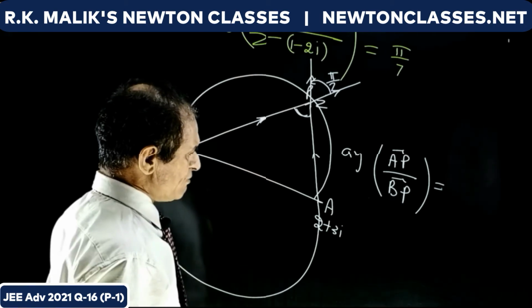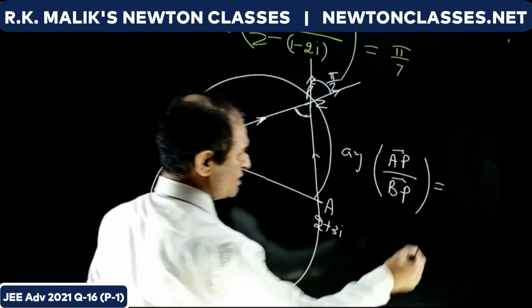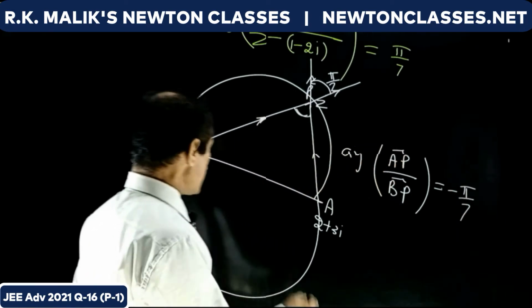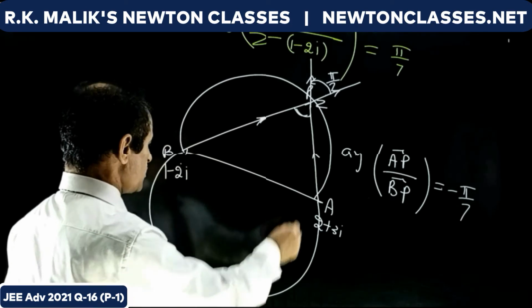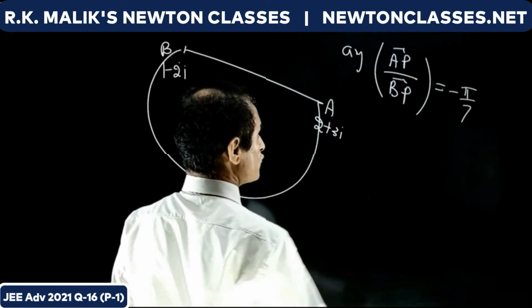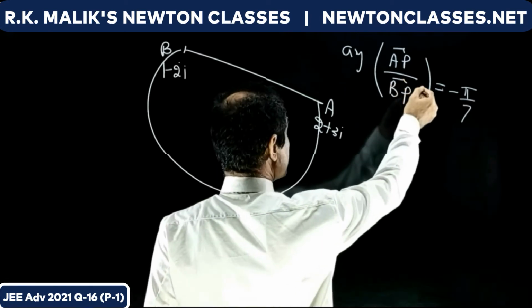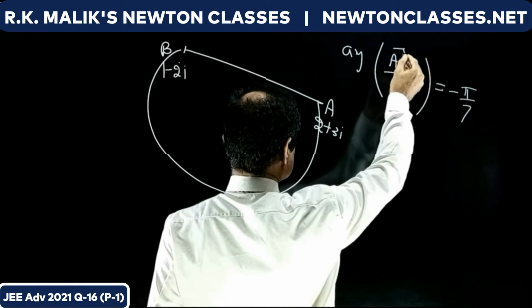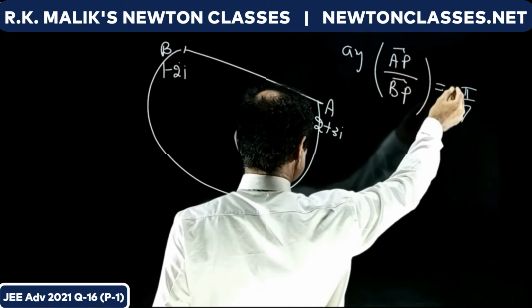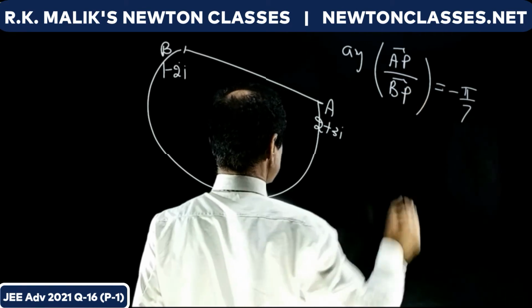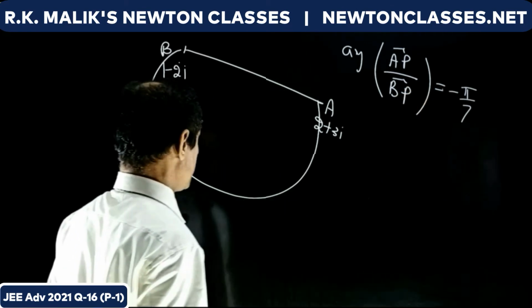Again, for even more clarity, in the case of minus pi by 7, why will the circle be downward? Because according to the formula we have to start from the BP vector and go up to the AP vector, and the direction is anti-clockwise if the angle is positive, and if the angle is negative, the direction will have to be clockwise.